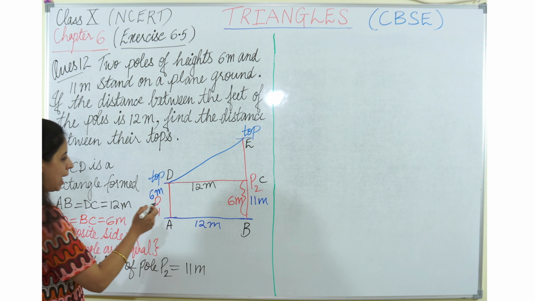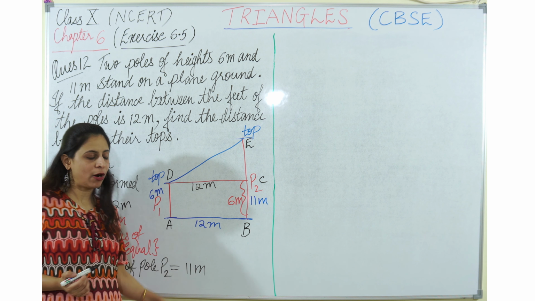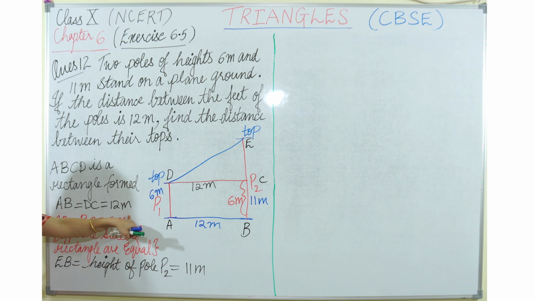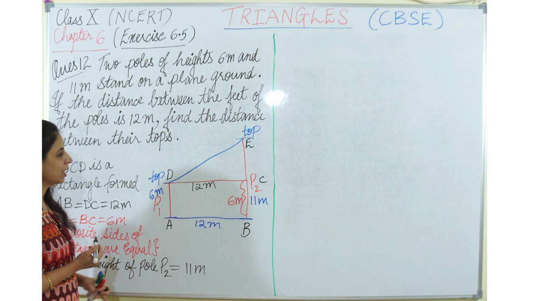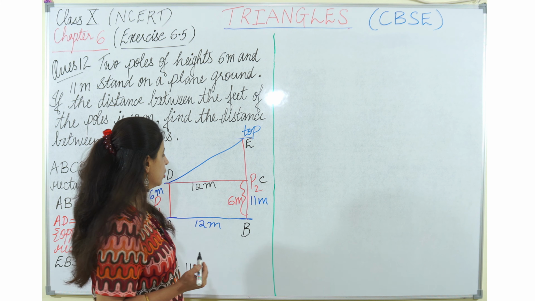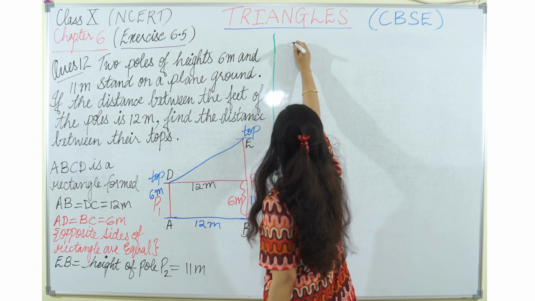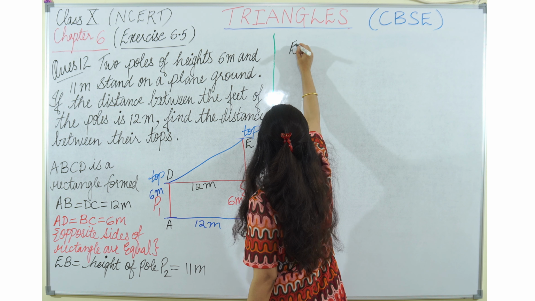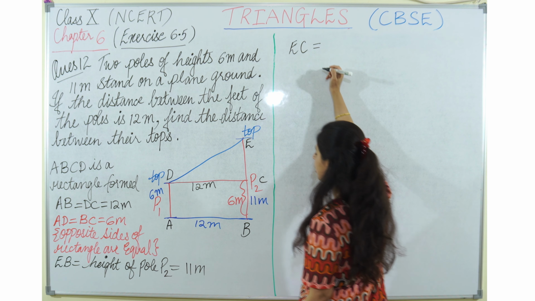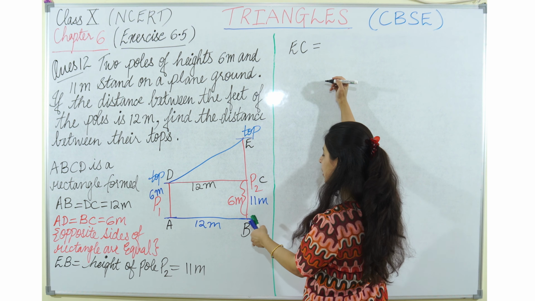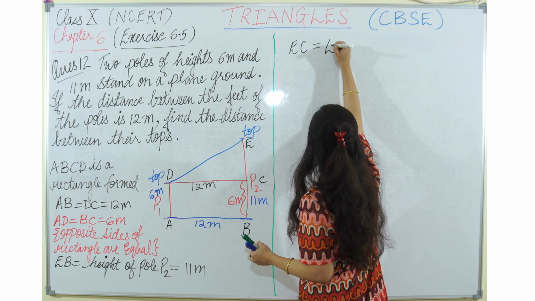And CB we have already found out to be equal to 6 meters, which is justified from here. So we can easily find out EC from here. EC will be equal to EB minus CB.